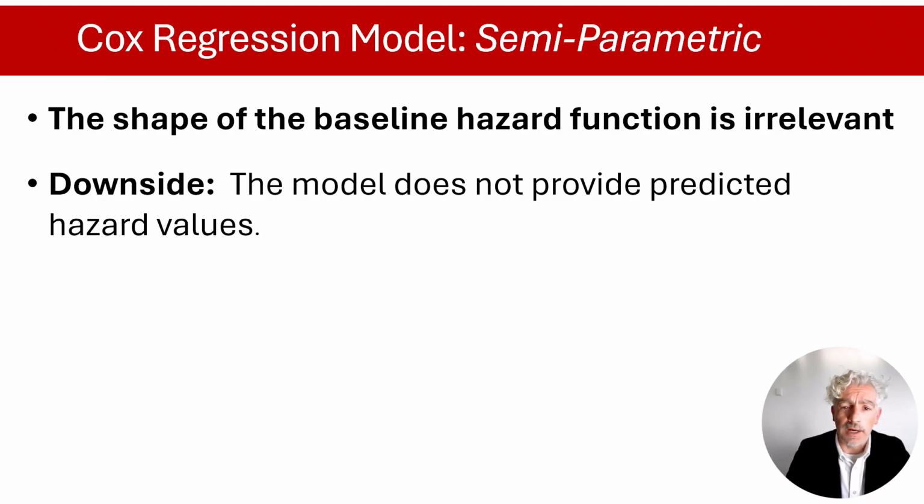And this downside is that we do not obtain predicted hazard values. We do obtain hazard ratios, so we can estimate the rate of change in hazard associated with the predictors, but we do not have a direct estimation of the baseline hazard function itself.